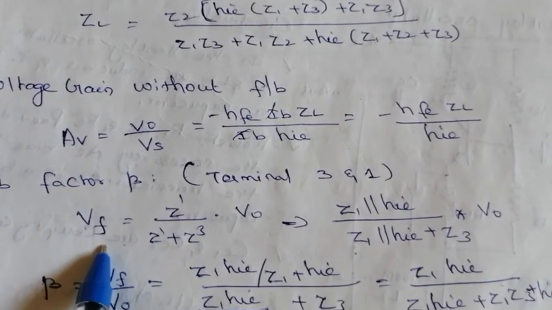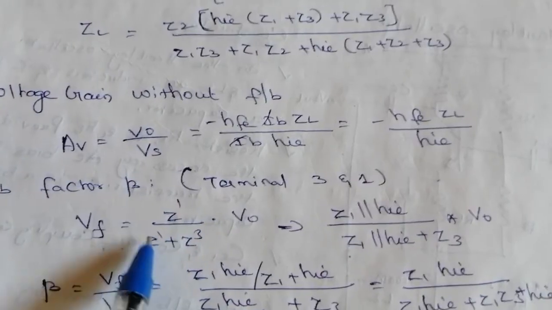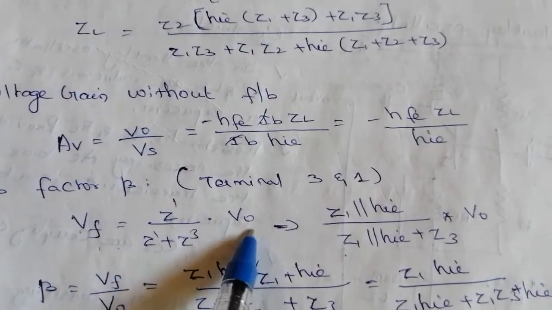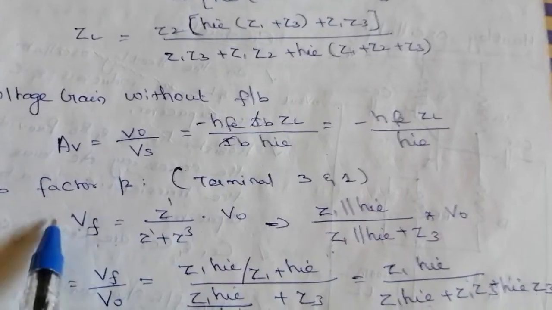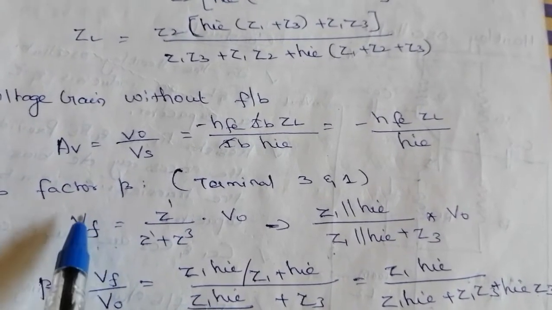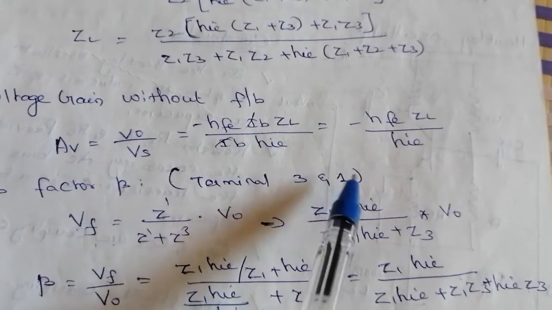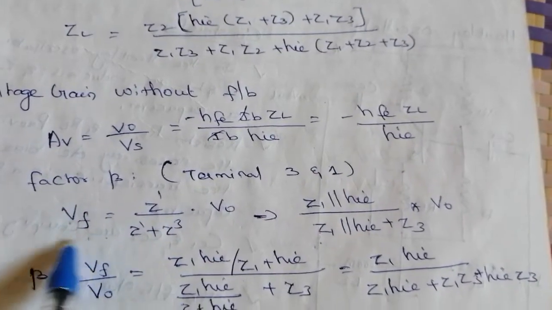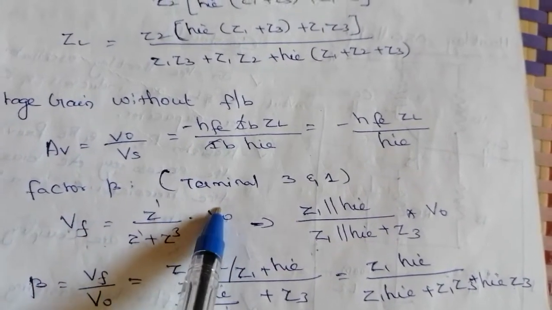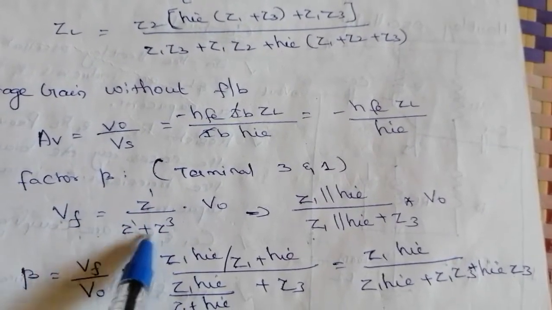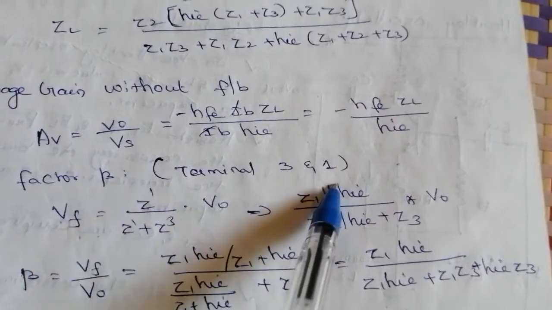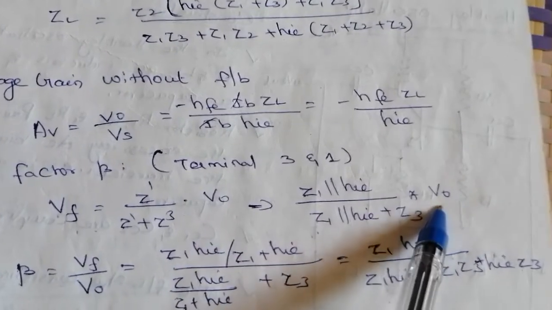So Vf is equal to Z dash divided by Z dash plus Z3 times V0. By applying the voltage divider rule, the total voltage V0 into the parallel resistance Z dash divided by the total resistance Z dash plus Z3. So we know the Z dash value, then plus Z3 into V0.